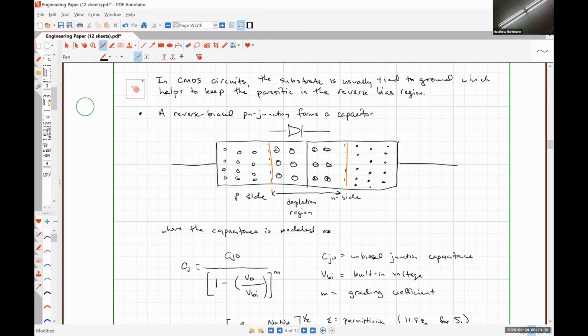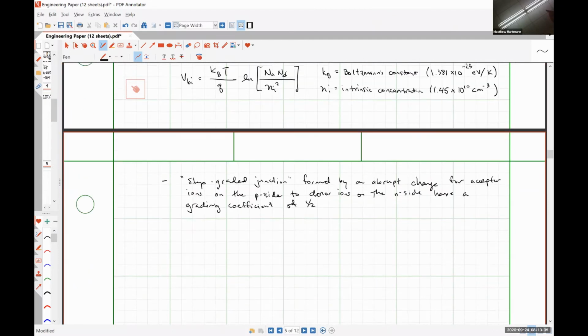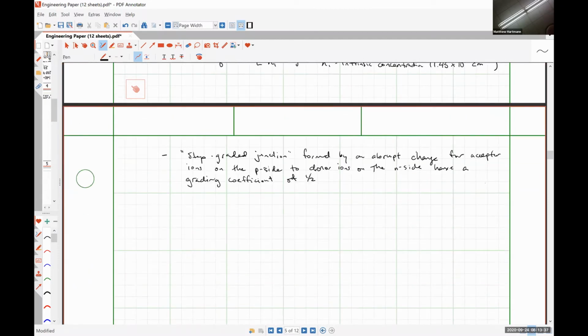Think of it kind of like if you had an N-type piece of semiconductor and a P-type piece of semiconductor, and you were able to fuse the edges together, that would be a step junction. So they don't really occur an awful lot practically.